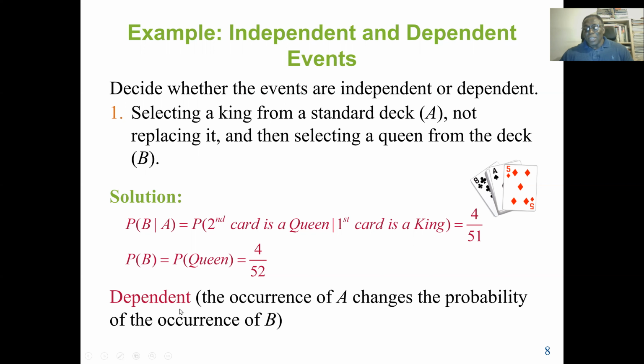So here we say dependent: the occurrence of one event, let's say A, changes the probability of the occurrence of another event, let's say B. So we say probability of A given B, because again, given B, B can have effect on A. So probability of B, which is independent, probability of queen will be 4/52 because the total queens we have is 4 and the total cards we have is 52.